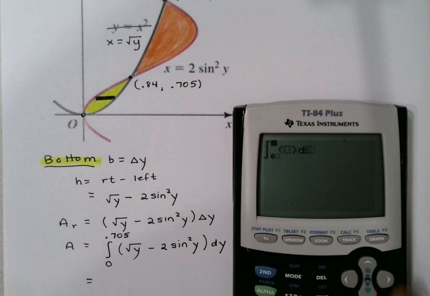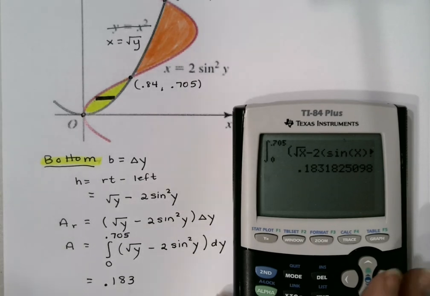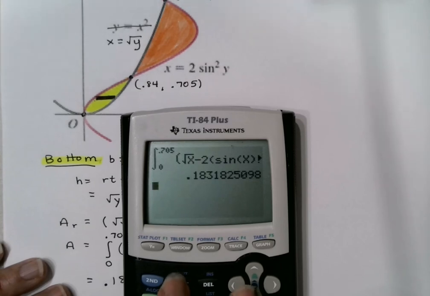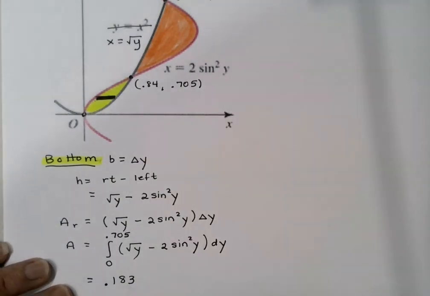We're integrating from 0 to 0.705, the square root of x minus 2 times the sine of x squared dx. And I'm getting about 0.183. By the way, double check. I should have checked first, but I think I'm in radian mode. I am. Anytime you have trig functions, you want to make sure you're in radian mode.